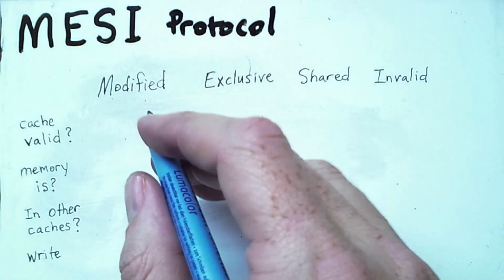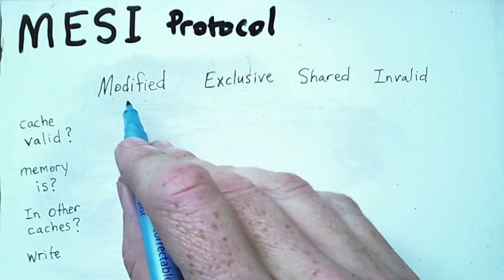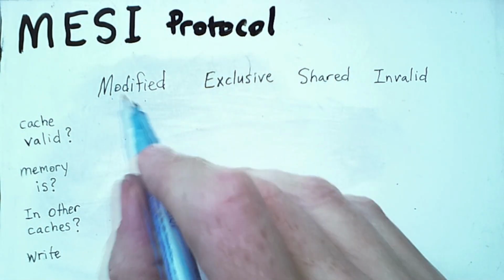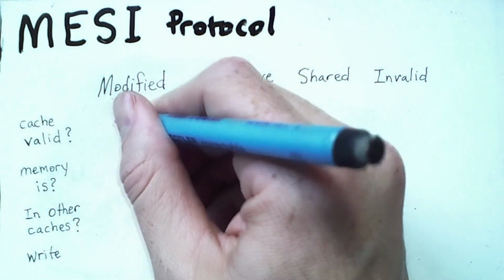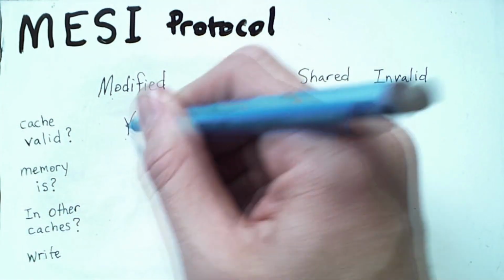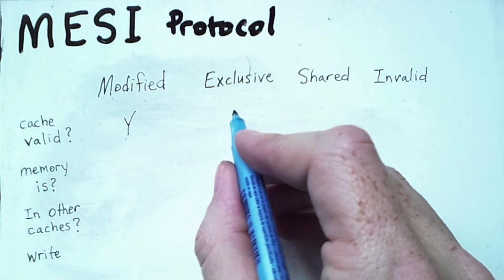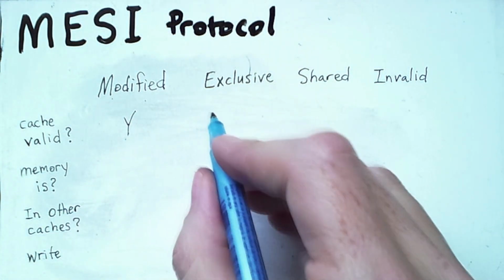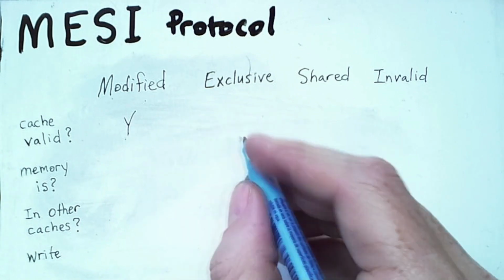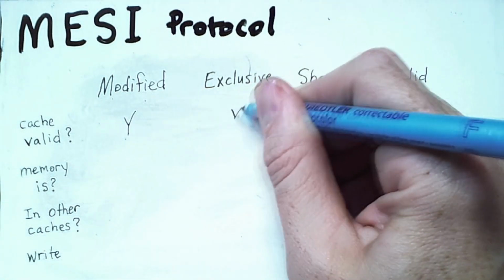So if a line in the cache is in a modified state, then within that particular cache, that line is valid. If a particular cache has exclusive access to some data, then within that cache, that data is valid.